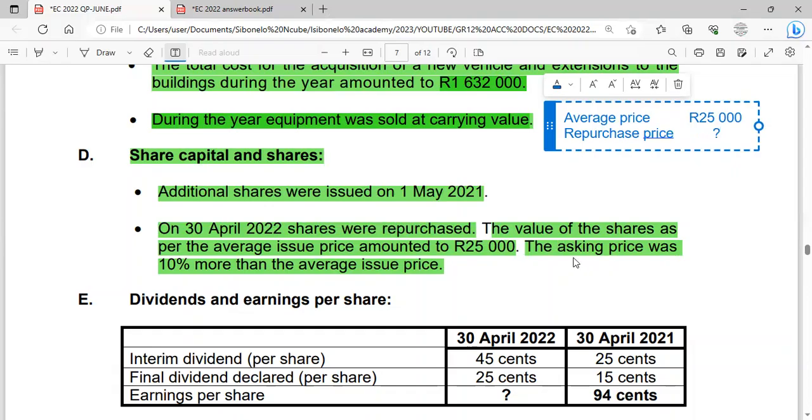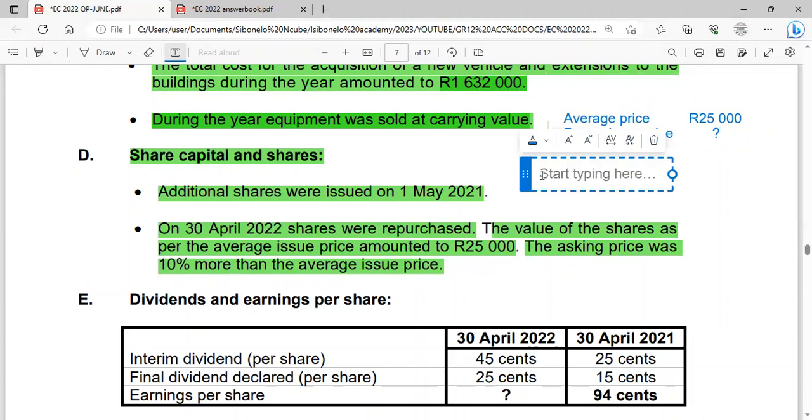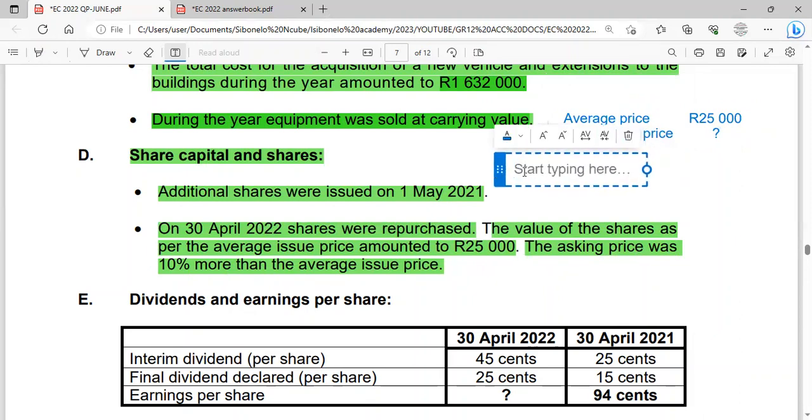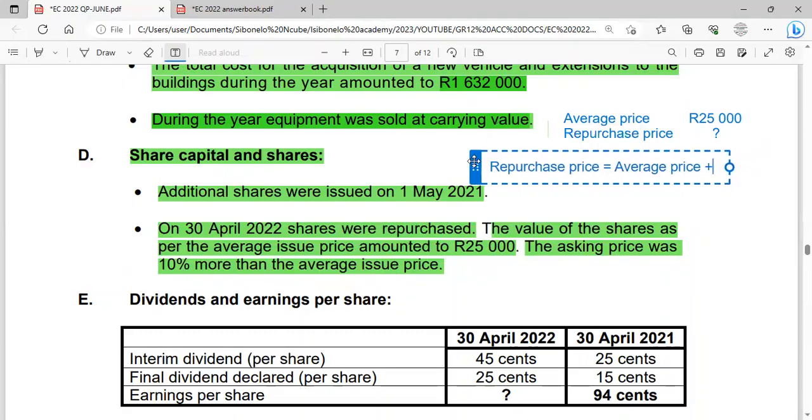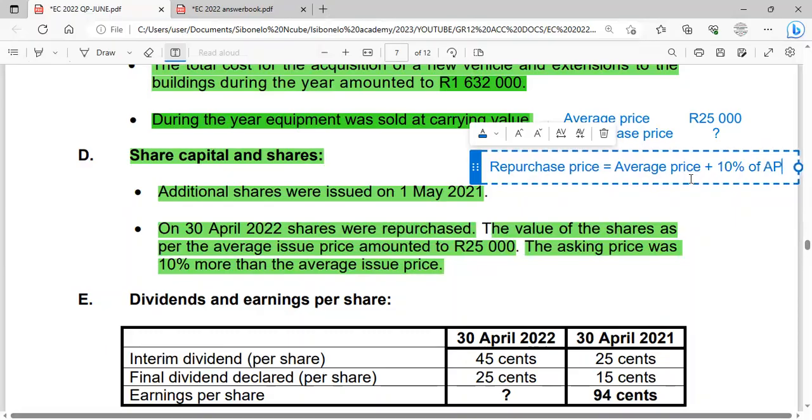But what we know is that the asking price, which is the repurchase price, was 10% more than the average price. So now already we have the formula. So to get the repurchase price or asking price, we're going to take the average price plus 10% of average price.